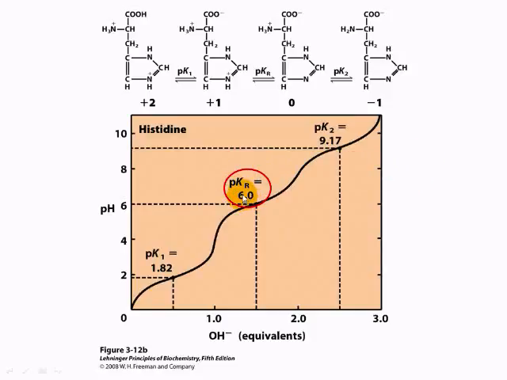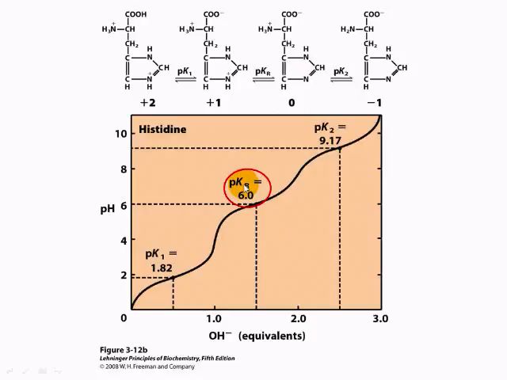Anything below 6.0, we would expect to have that positive charge on our R group. If we move above 6.0, then we expect to have lost that charge.